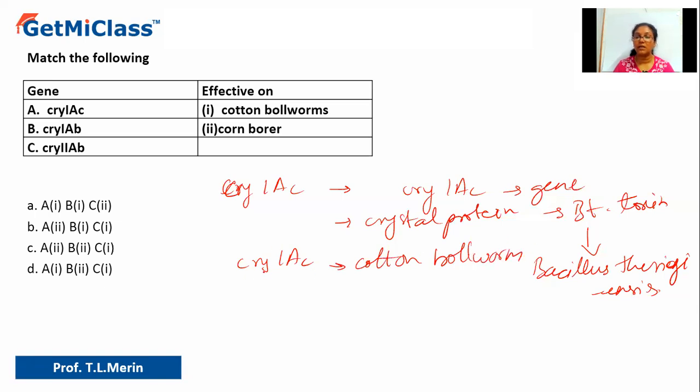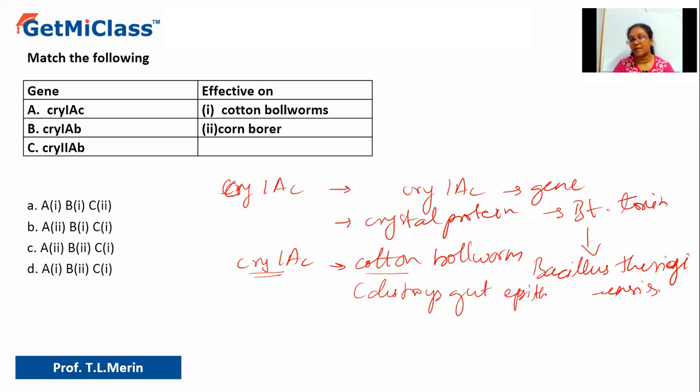The Cry protein, when it is produced in bacteria, will be in inactive form. But when it is released in the gut of the cotton bollworm or any insects it affects, it will get converted into a toxic protein. Okay, and that destroys the gut epithelium.